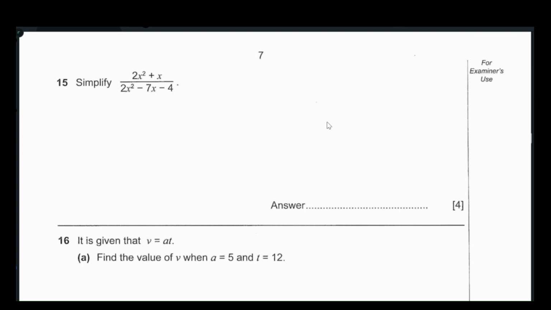Question 15: simplify x squared plus x divided by 2x squared minus 7x minus 4.